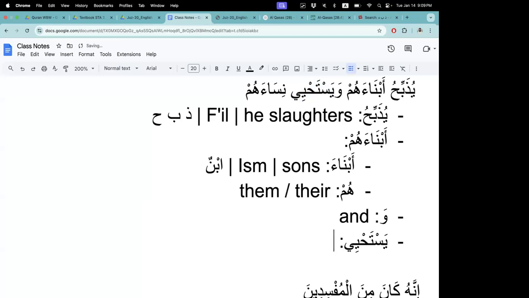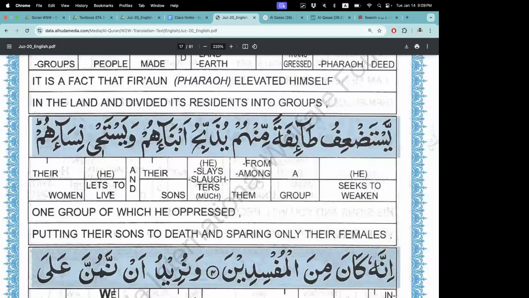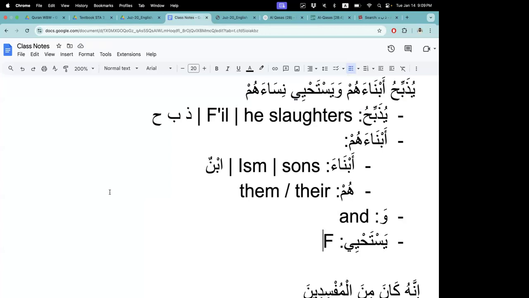Oh man. Yastahi. Yastahi, if you notice from here, means he lets live. This is a fi'l, right? Because there's an action and an actor. Fi'l. He lets live. The root letters of this are ha, ya, and ya.